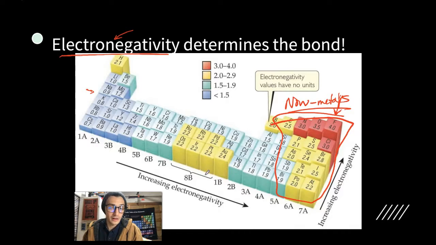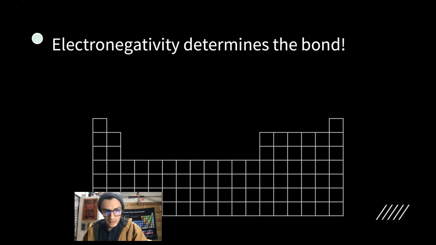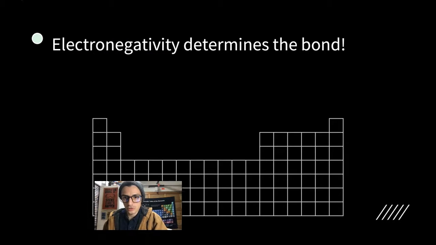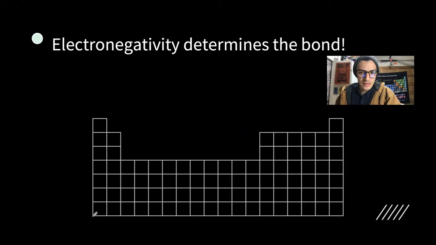But if you form a nonmetal to a nonmetal, what happens? Well, again, just to draw this for you, which would be worth your time to put in your own periodic table, the electronegativity values actually increase from left to right and top to bottom, like I'm showing here.